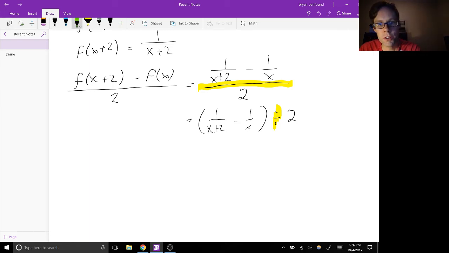What we want to do next is try to find a common denominator here for our simplification. So x plus 2 and x don't share any factors, so the best I can do is multiply this first fraction by x over x, and multiply my second fraction by x plus 2 over x plus 2.